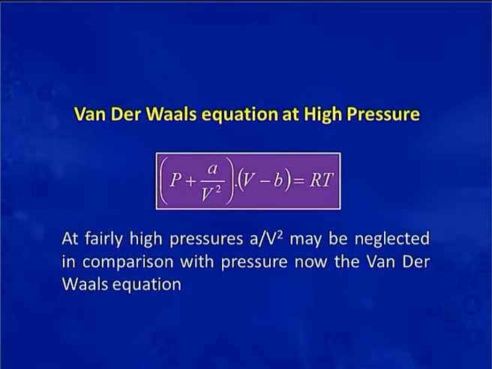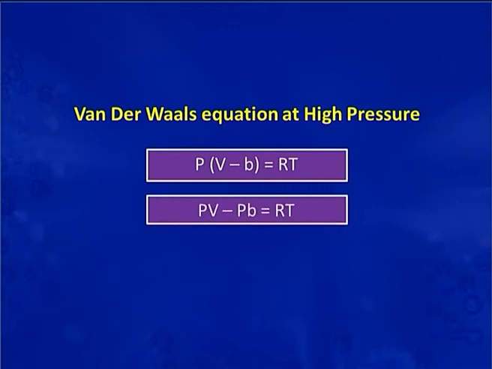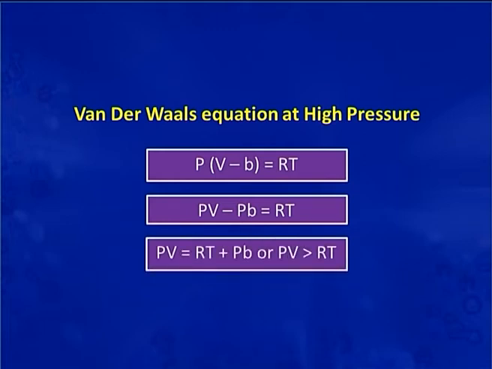So, the equation will be P(V − b) = RT, or you can write it as PV − Pb = RT. So, PV = RT + Pb, or PV is greater than RT here.